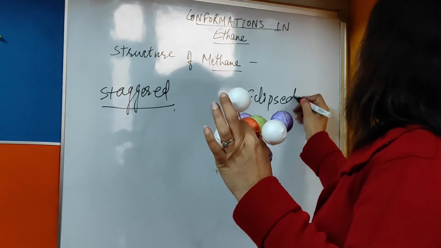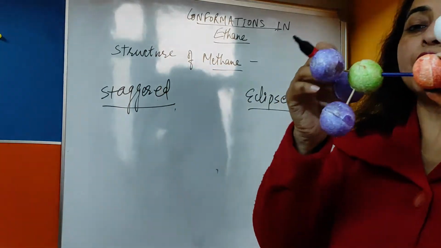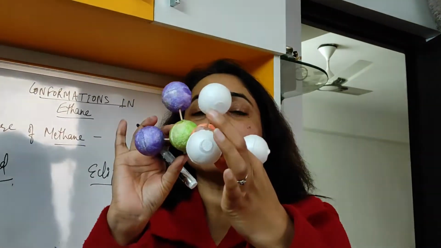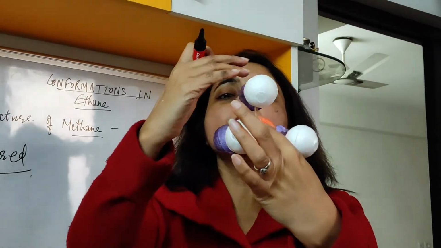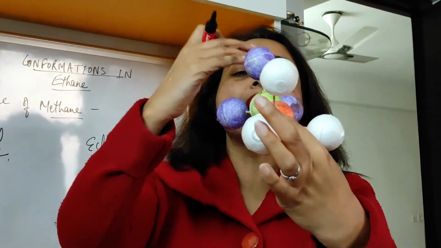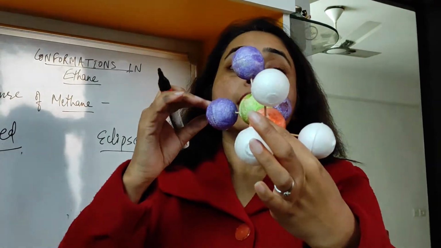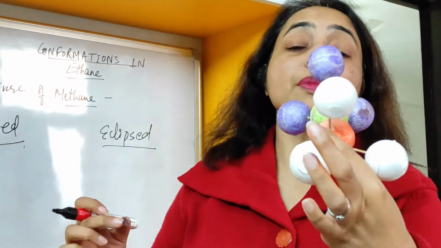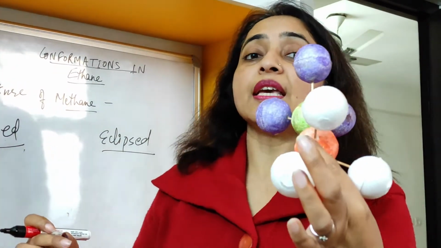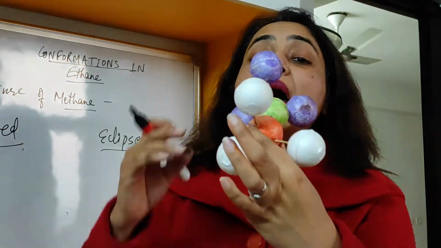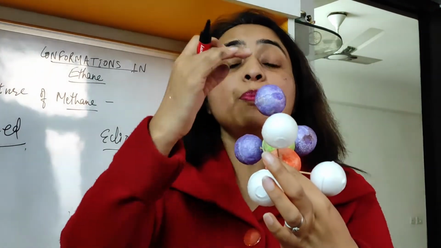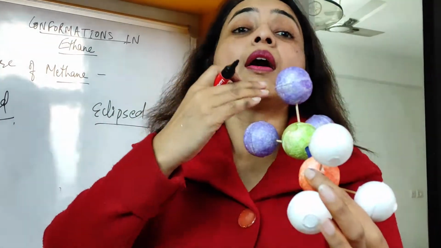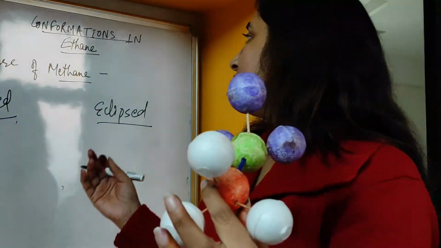It is just like an eclipse, meaning that the hydrogen on this carbon is in alignment with the back carbon. The hydrogens present on both carbons are in alignment with each other. Then we say that this is eclipsed, because the hydrogen of one carbon will cover or shade the other one. So that is why we call it eclipsed.